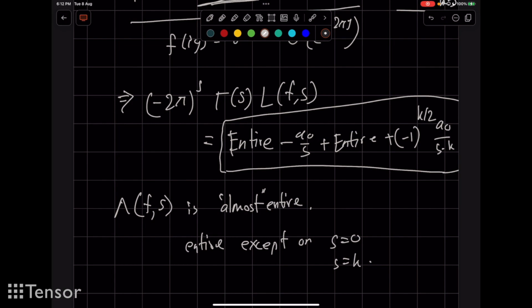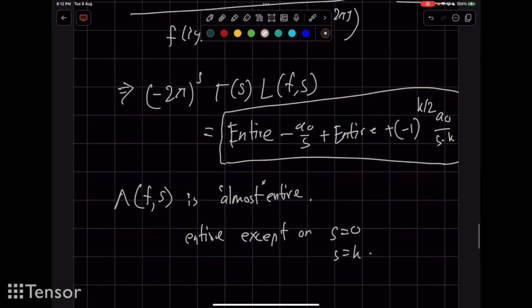Right? Okay, now what are the residues then? The residues of this, so this is defined as this, right? So what are the residues of this function at s equals 0 and s equals k? That's right.